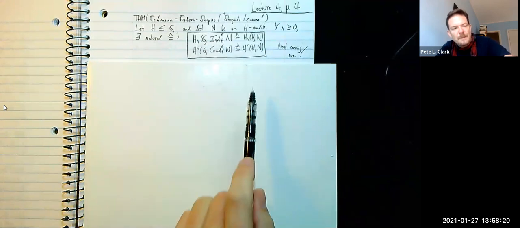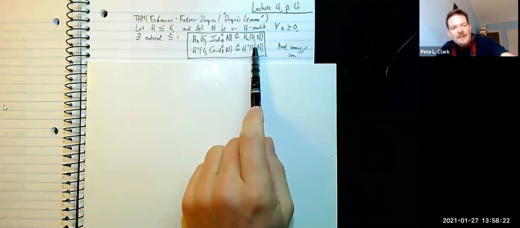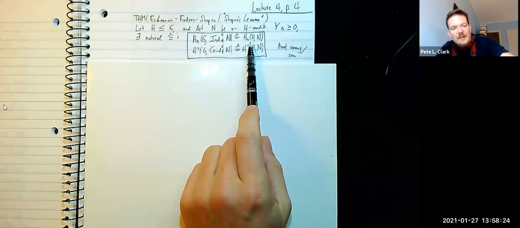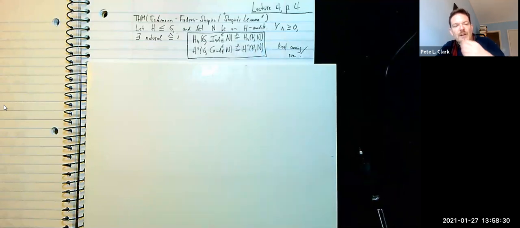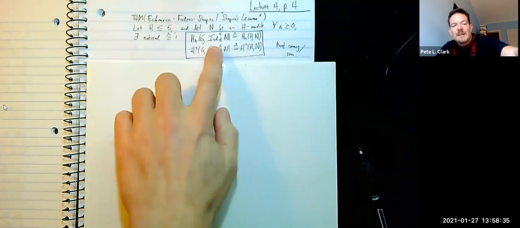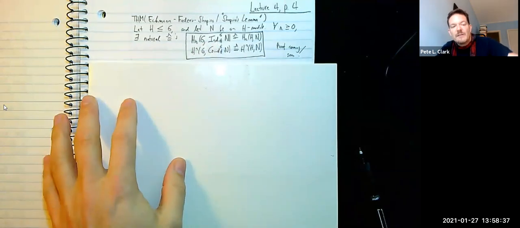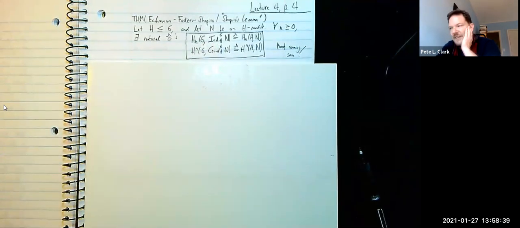The homology groups of the H-module N are also the homology groups of a certain G-module, namely the induction of N from H to G. So you've got to appreciate that.